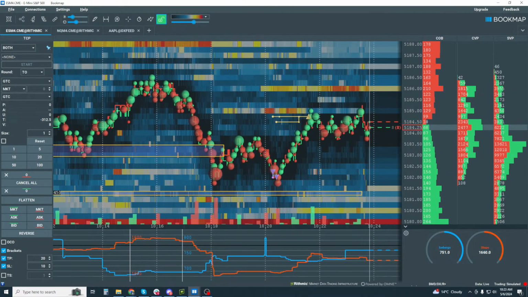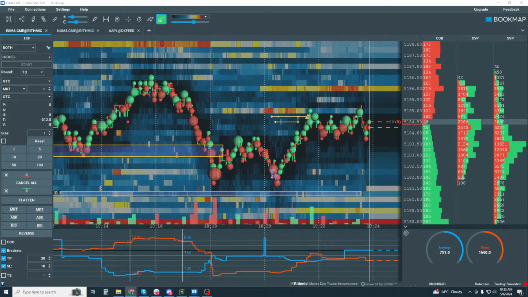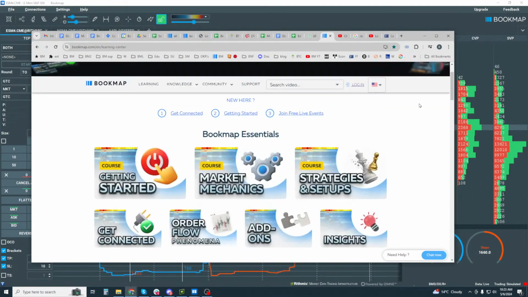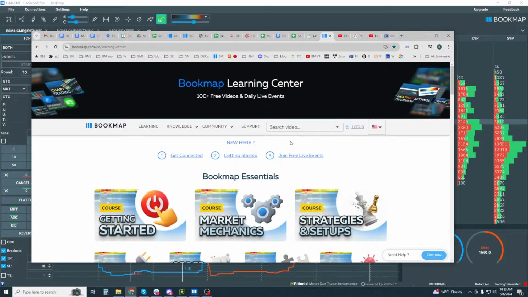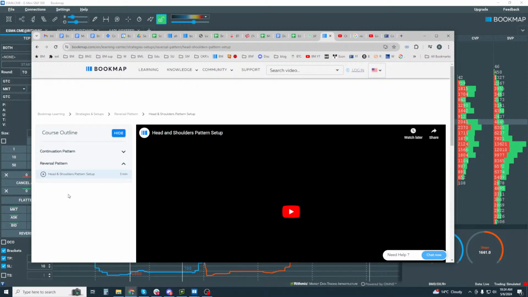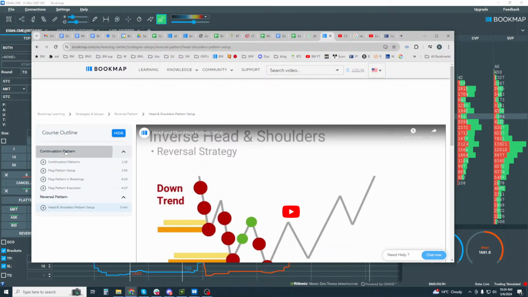We don't have yet anything from the, if we go to the Bookmap Learning Center, and we go to strategies and setups. So far, I've got 2 in here. We've got a continuation and a reversal, reversal head and shoulders, and continuation kind of like a flag pattern.